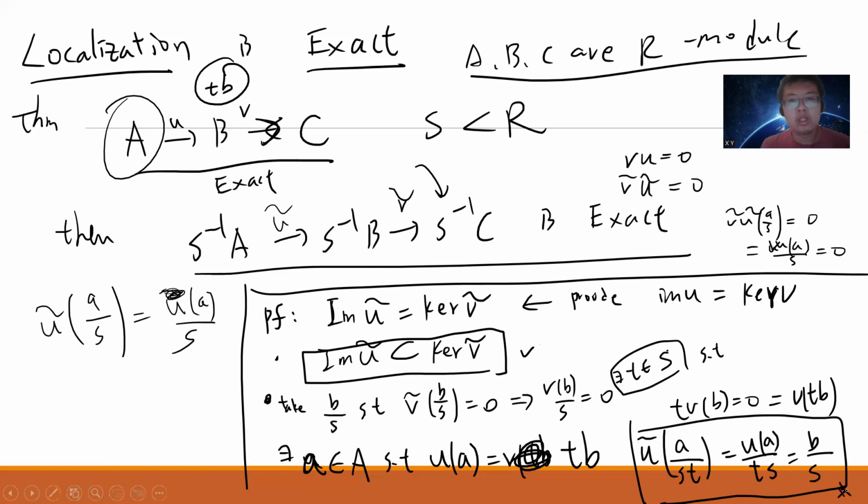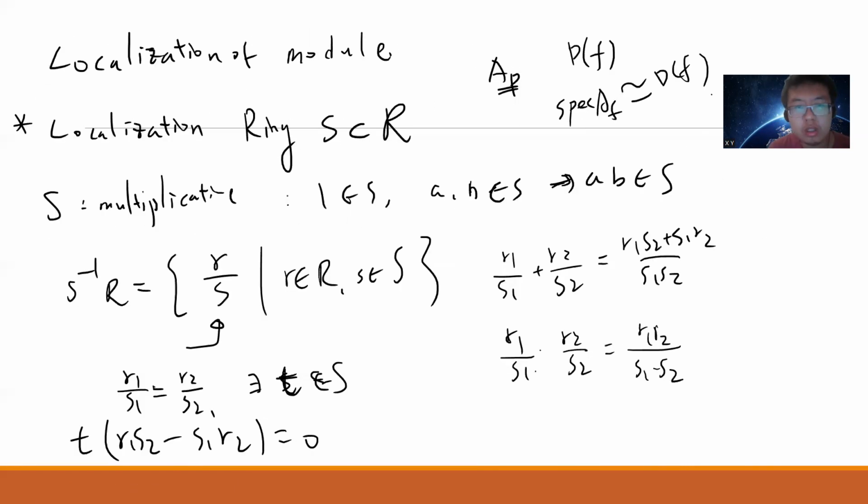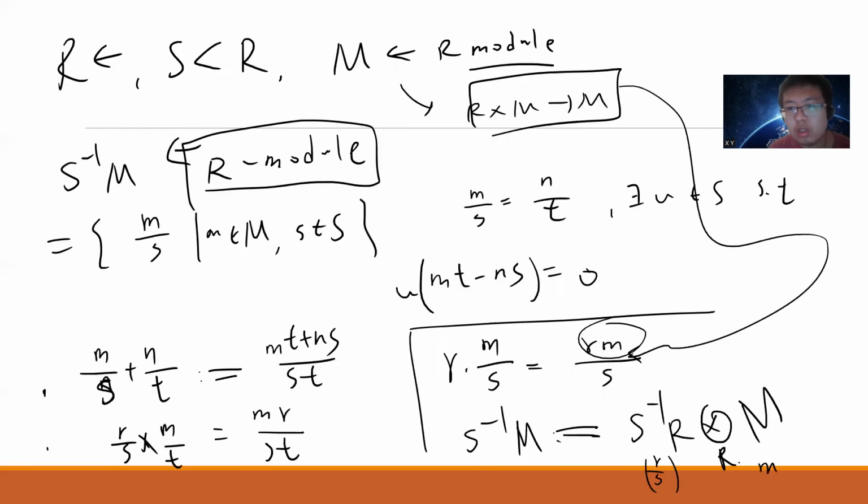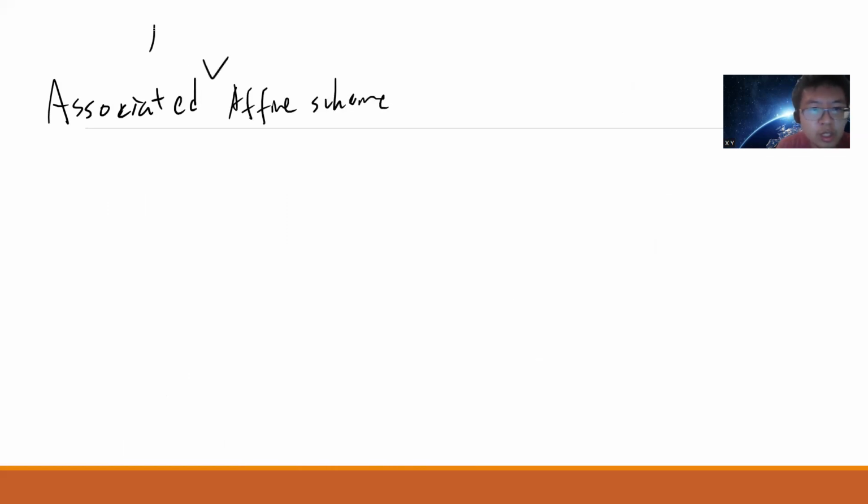So let me quickly tell you the result of how to associate a module to an affine scheme. This is called the associated module to an affine scheme. It's very simple.